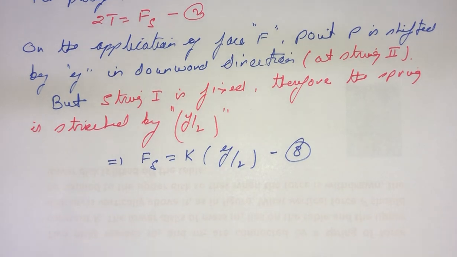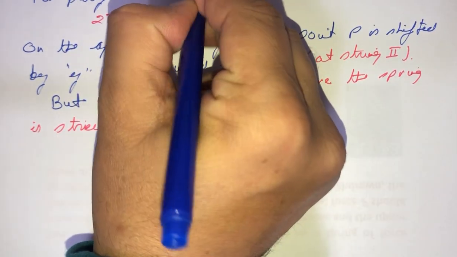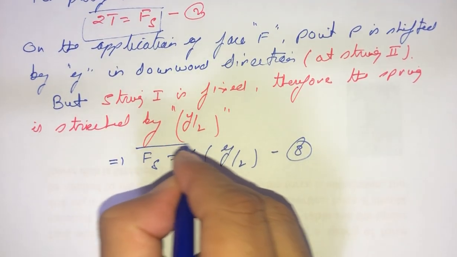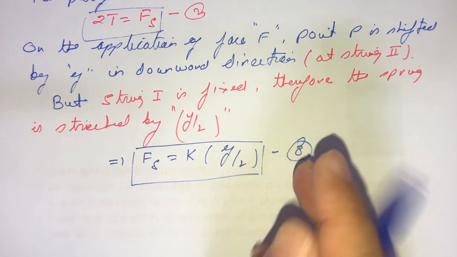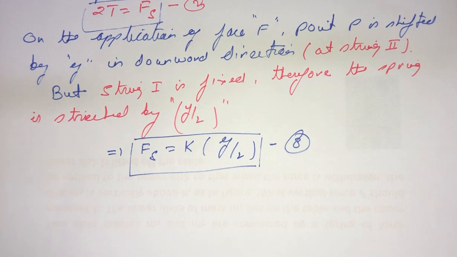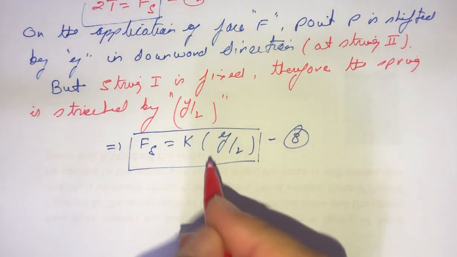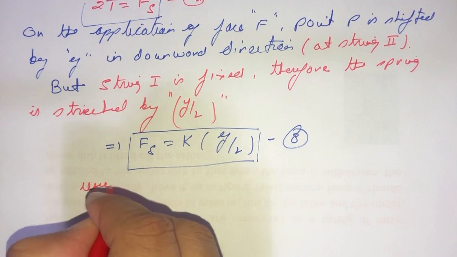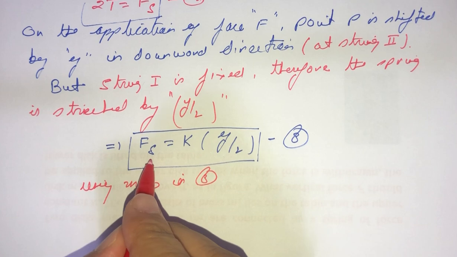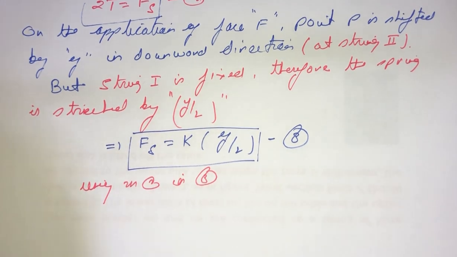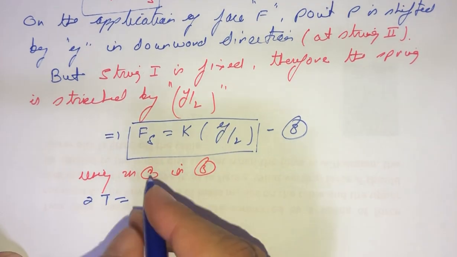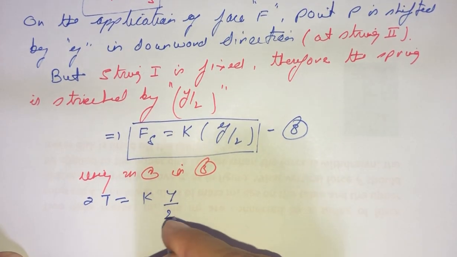We are going to use equations 1, 2 and 3 and find out the relationship between F, k and y. So now using equation 2 in 3, we put Fs equal to 2T, so we get 2T is equal to k y by 2.